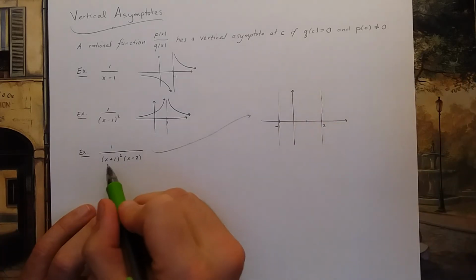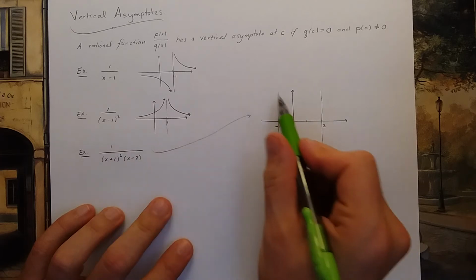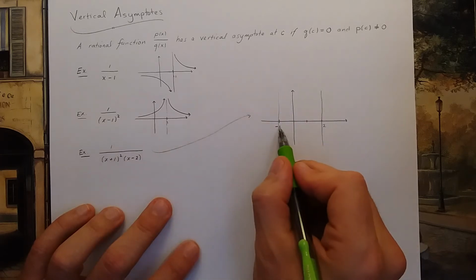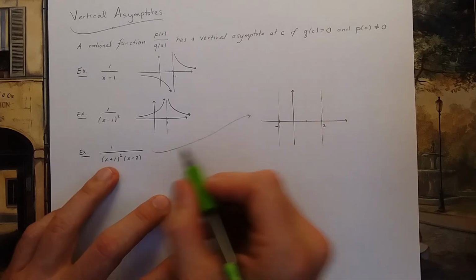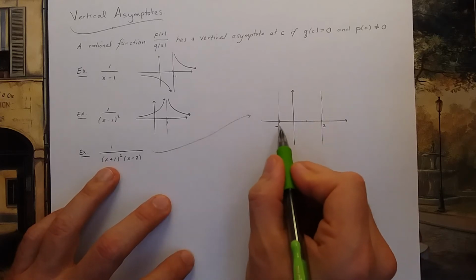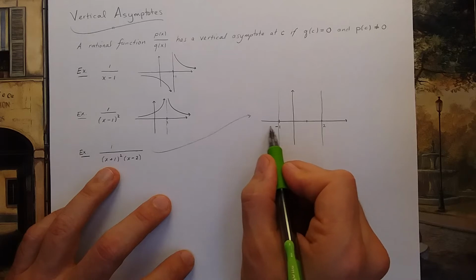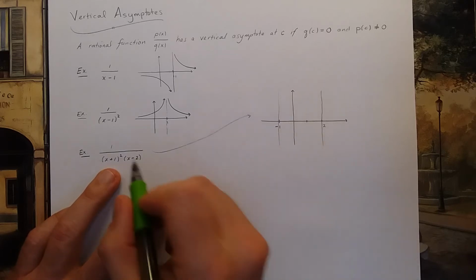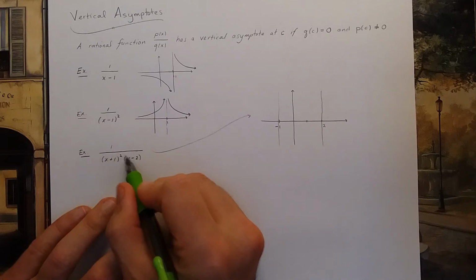You could determine the behavior of what happens near the asymptote by plugging in values close to negative 1 and 2. So if I plug in a number that's close to negative 1, but a little bit smaller, like negative 1.1, I think you'll find that this term is positive, whereas this term is negative.